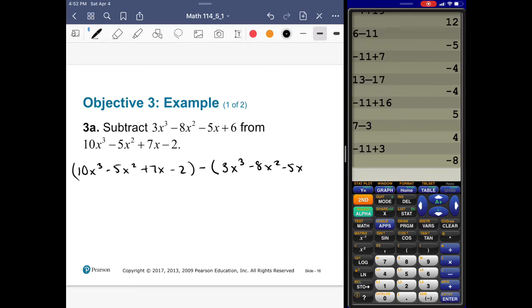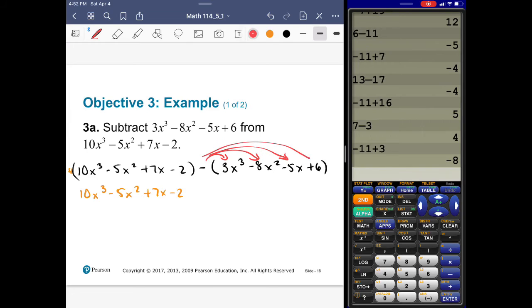So this first part over here, it's a plus 1. So it's still 10x cubed minus 5x squared plus 7x minus 2.